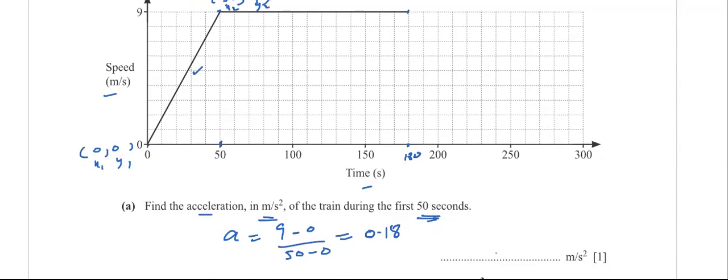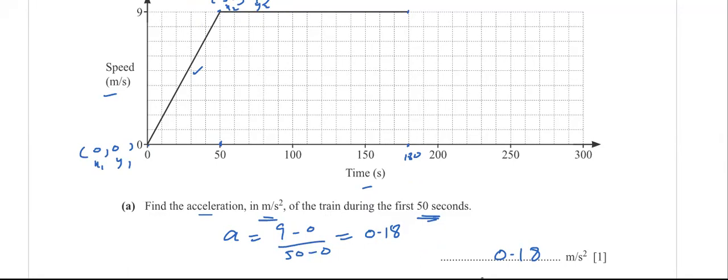It means the acceleration is 0.18 meter per second square for the first 50 seconds, the duration where it is accelerating. After that it is not accelerating. It becomes constant; its speed is not changing. Here it is moving with constant speed when the line is horizontal.